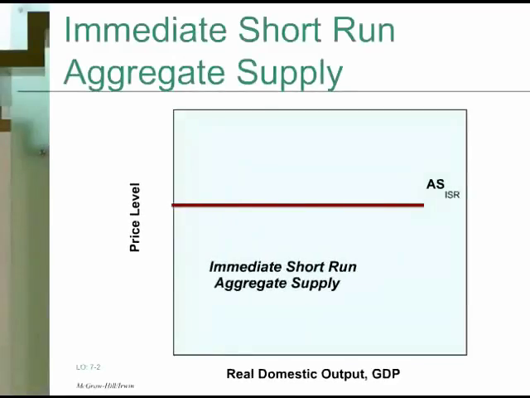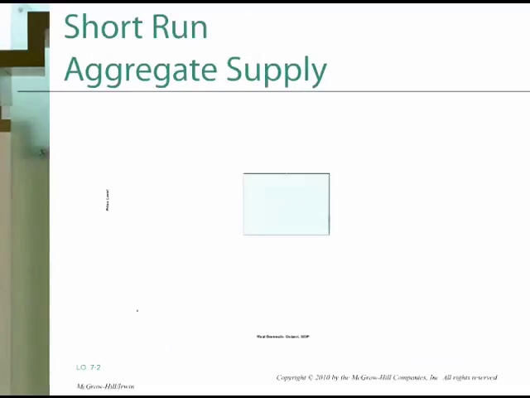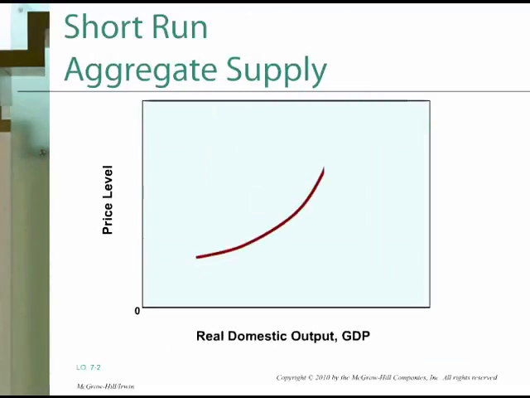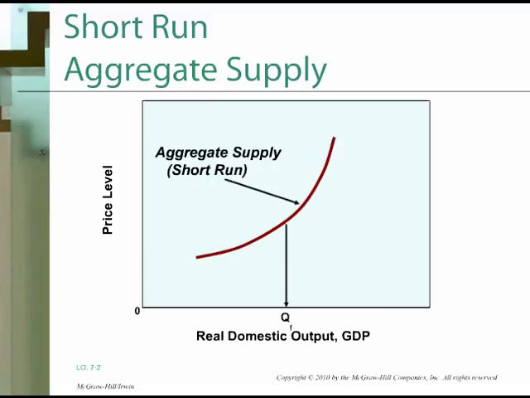The immediate short-run aggregate supply curve is horizontal at the economy's current price level. With output prices fixed, firms collectively supply the level of output that is demanded at those prices. The upward-sloping short-run aggregate supply curve indicates a direct or positive relationship between the price level and the amount of real output that firms will offer for sale.